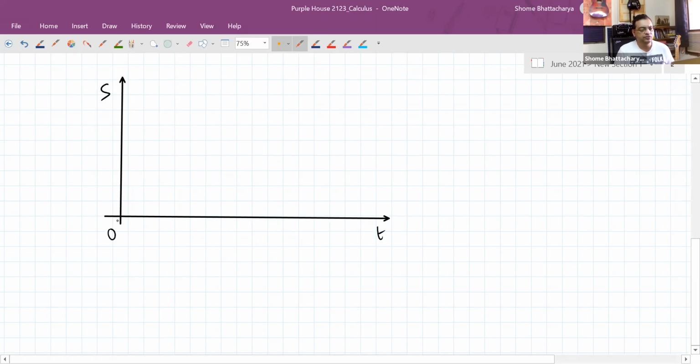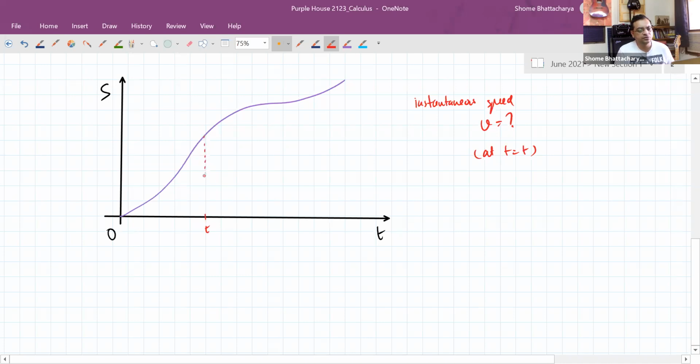So again, for the same distance versus time graph, let's say, which I had practically recorded for some journey. Now I want to find instantaneous speed at some time, t equal to t, let's say. So let's say the instant I'm talking about is over here.